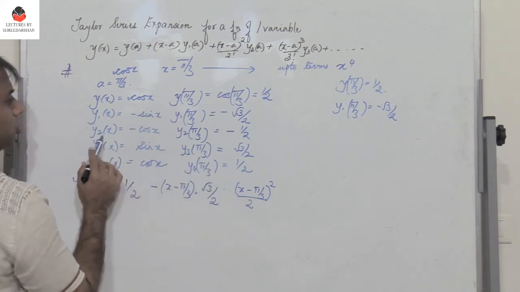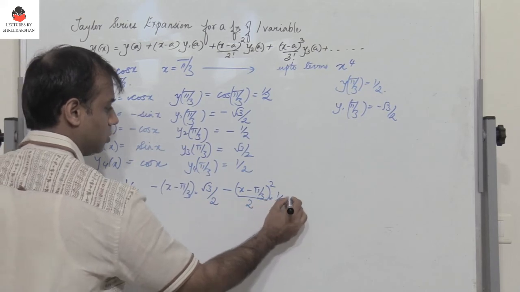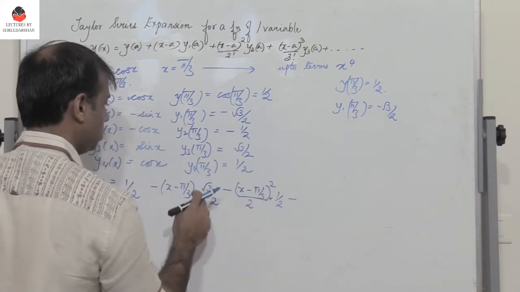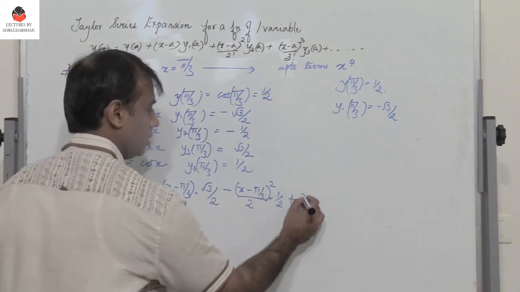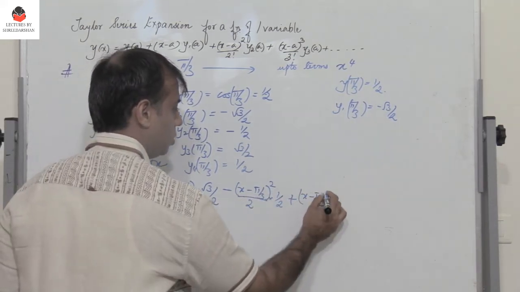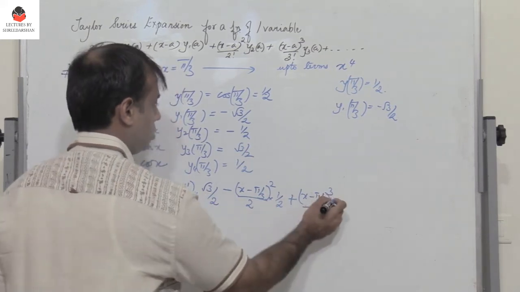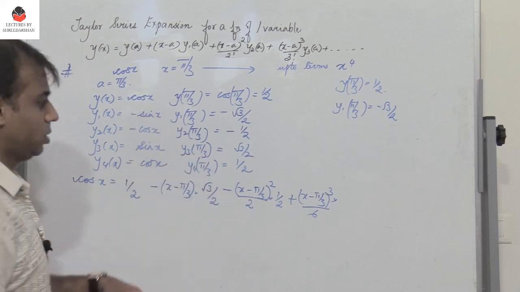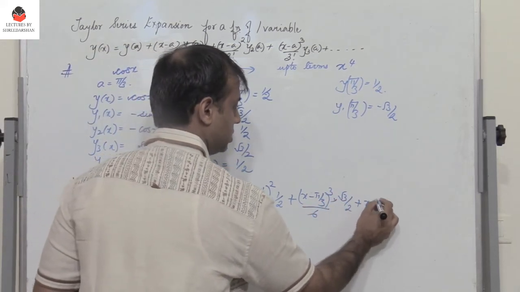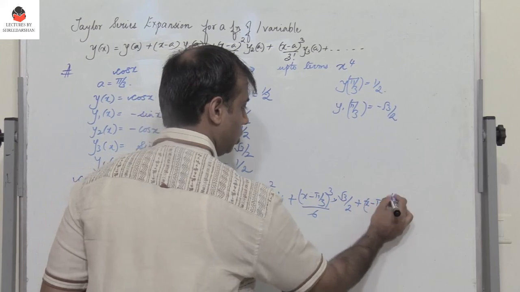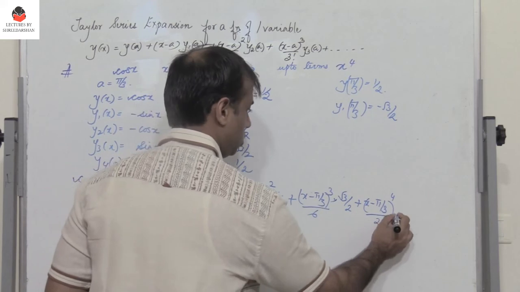And what is y2? y2 is minus half. So you have a minus sign here into 1 by 2. And then the remaining two terms are positive plus x minus pi by 3 the whole cube divided by 3 factorial is 6 into root 3 by 2 here plus x minus pi by 3 the whole power 4 divided by 4 factorial is 24 into 1 by 2.